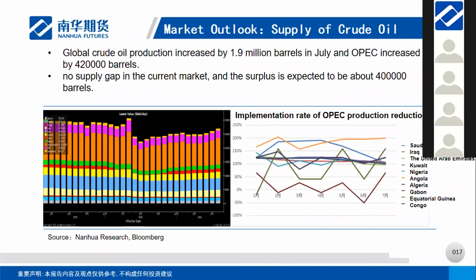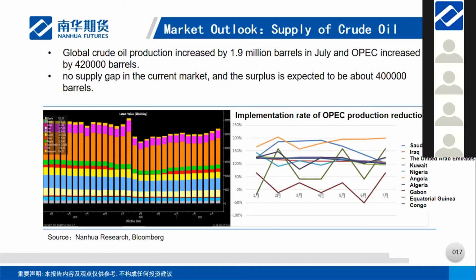Currently, the global crude oil surplus capacity mainly comes from OPEC Plus member countries, led by Saudi Arabia and Russia. In non-OPEC member countries, the total surplus capacity is 1.59 million barrels per day, mainly from Russia.